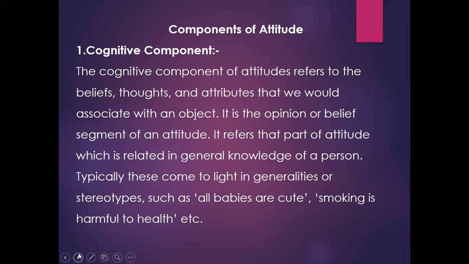The cognitive component consists of beliefs, values, ideas, and other information a person has about the object. It makes no difference whether or not this information is empirically correct or real.